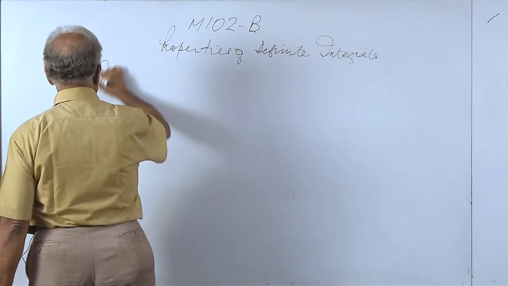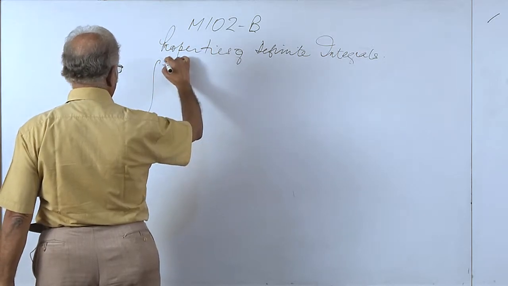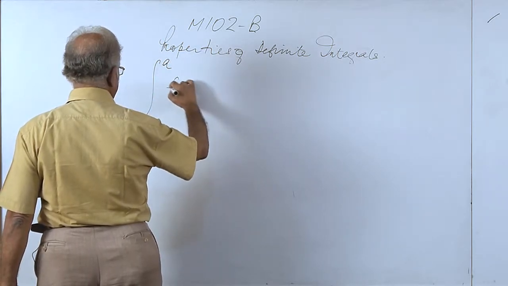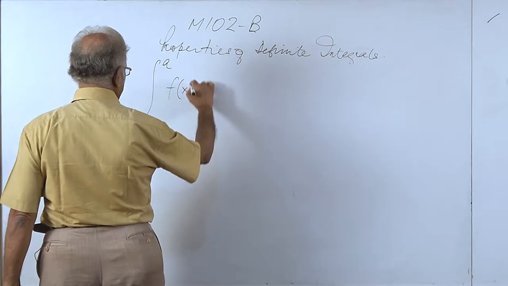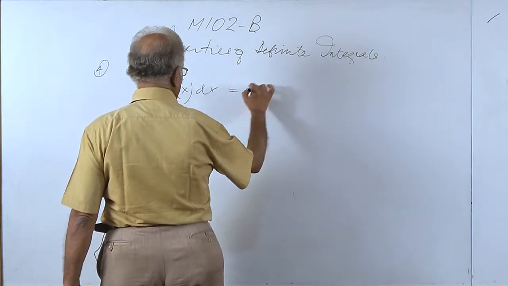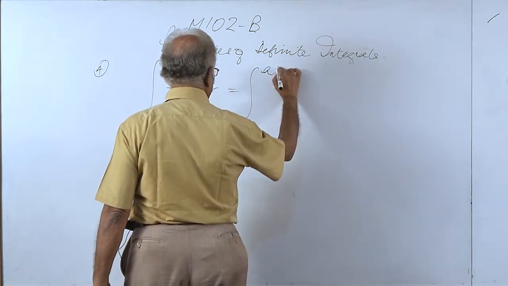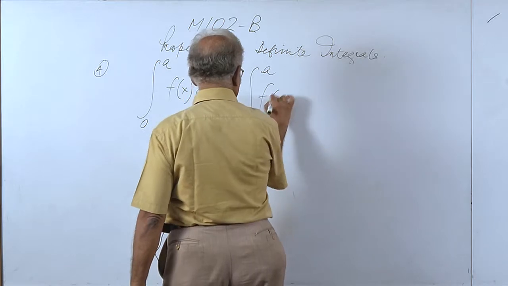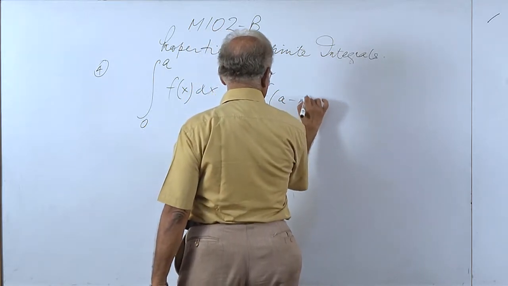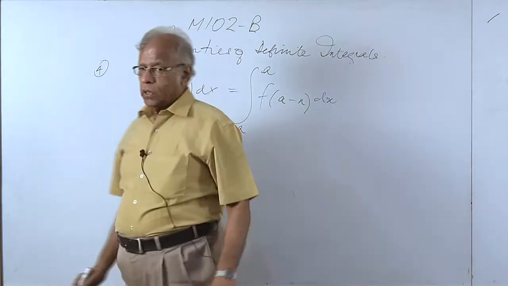The next property is integral 0 to a f(x) dx is equal to integral 0 to a f(a minus x) dx, with no conditions imposed.